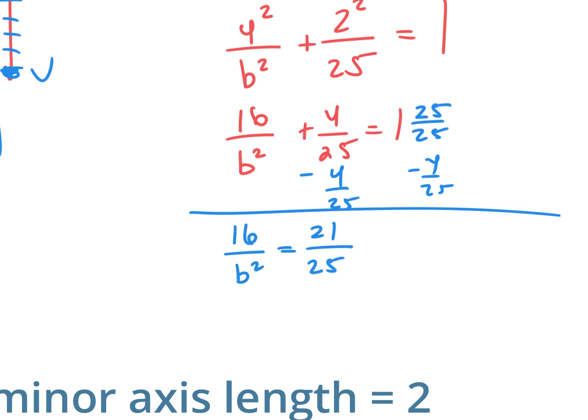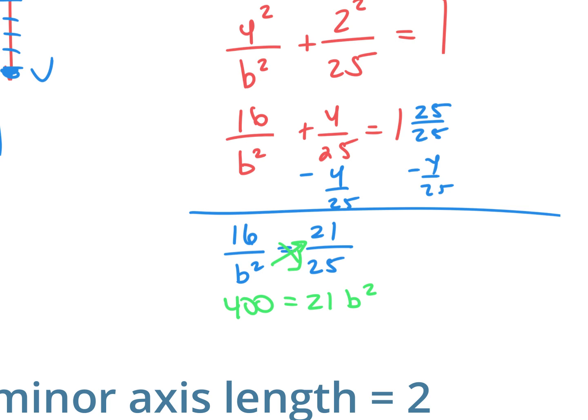Now, a couple different ways we could do this. That's what I would do. Whenever I have a fraction equals a fraction, the easiest thing to do is cross multiply. Some of you are going to want to say I multiply both sides by b squared, and then I'm going to divide. It's the same exact thing, but I would just go like this. I'd say, okay, I'm going to cross multiply here and here. What's 25 times 16? 400 equals 21 times b squared.